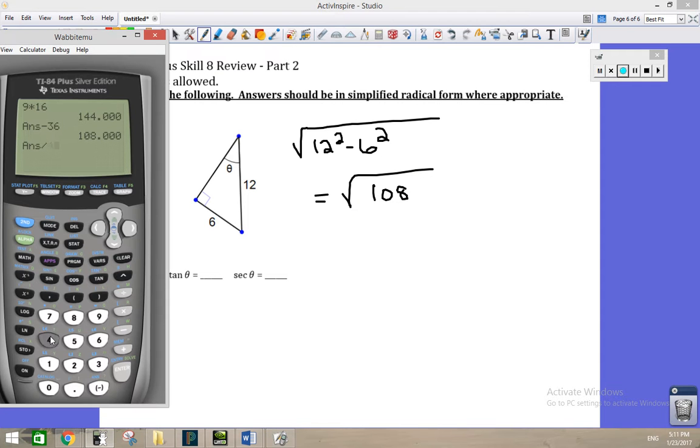Is that divisible by 4? Let's find the biggest perfect square. No, it's divisible by 36. 108 divided by 36, yeah. So we can look at this as the square root of 36 times the square root of 3. Well, I know the square root of 36 is 6, so this is 6 radical 3.